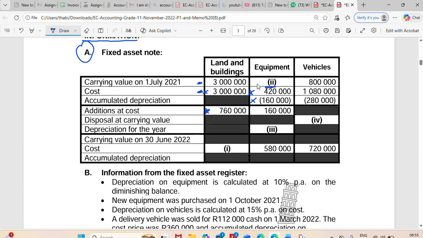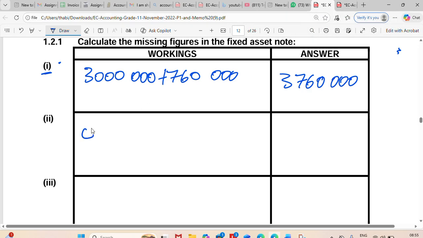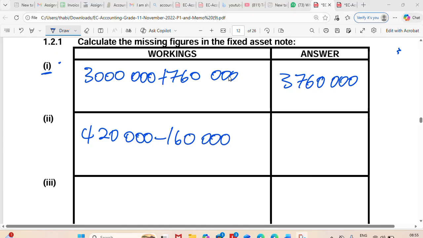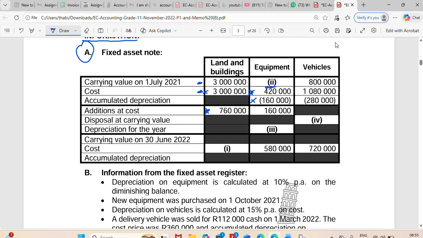So to calculate the carrying value, it will be the cost price 420,000 minus the accumulated depreciation at the beginning of the year of 160,000. Then you will get the carrying value of 260,000. All right. Hope we're still together.